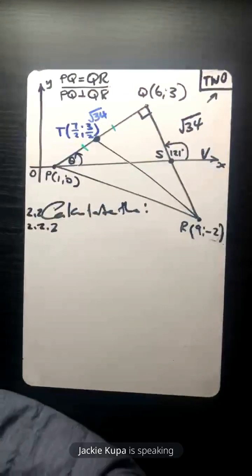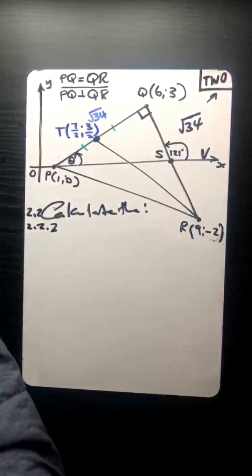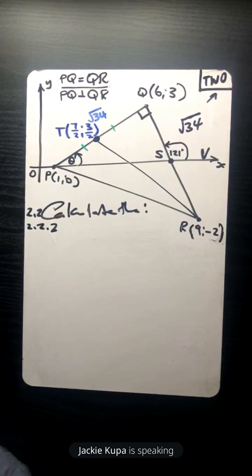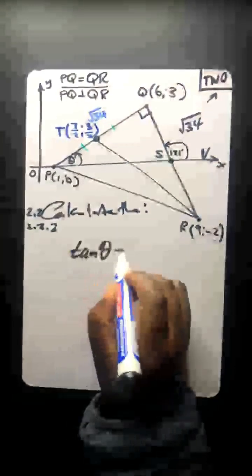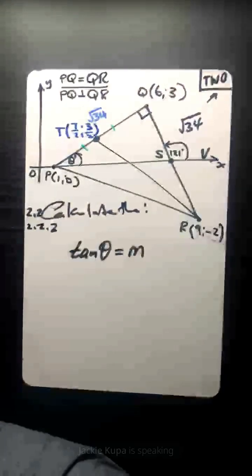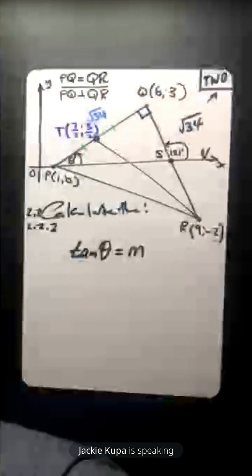Sir, can I try? Yes, give it a try, honorable member. I know that to find the angle, tan of the angle equals the gradient m. Tan angle is equal to m. So the gradient is 3/5.